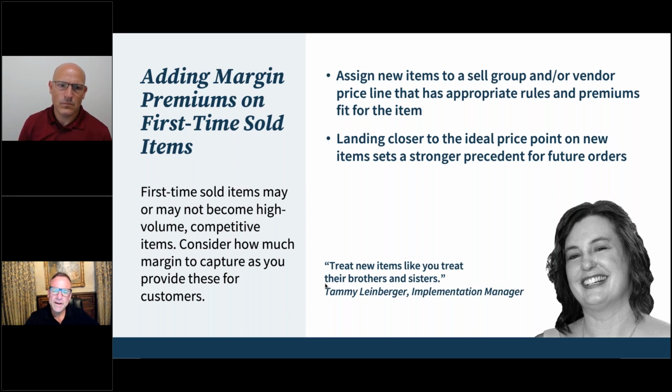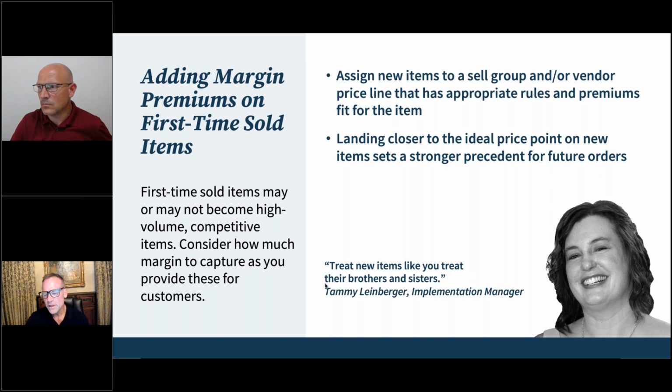And when we don't have good rules or good structures in place to handle those first-time events or one-time events, then we end up sacrificing margin. We have CSRs who are making up on the fly what the prices should be. And we really want to treat those new items as they would be treated through similar products that are already in the pricing structure.